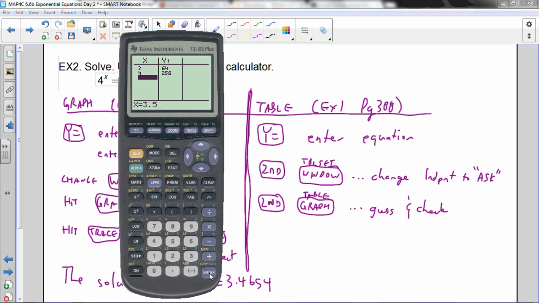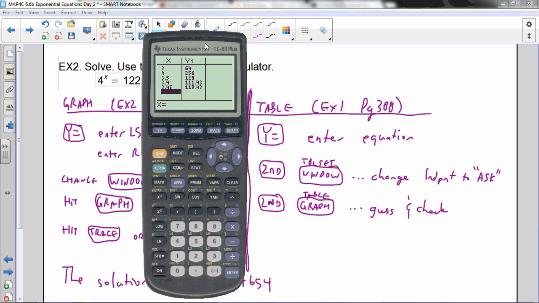And essentially, I can use the graphing calculator to very quickly guess and check, right? 3.4 is too low. 3.45, 3.5. And I'm going to zoom in on it really quick here. I'm looking for when is this 122? Well, a little bit higher than that.